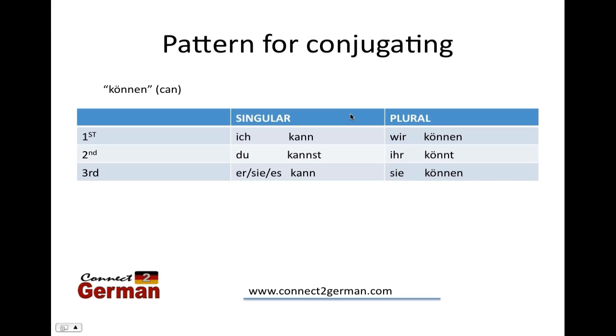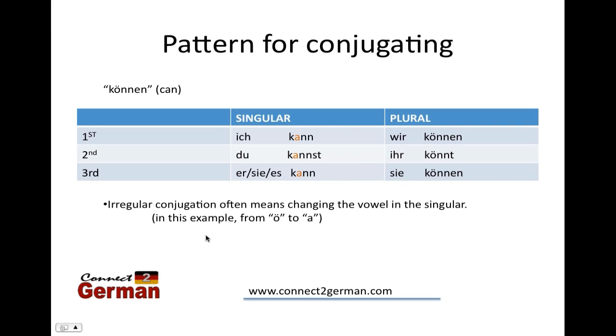And it's not only that it's different in the endings, but we see one fundamental thing that's different. For the infinitive können, all of the conjugations in the singular switch to an a. And it's real typical with these modal verbs that the vowel is going to change. And again, it's only changing in the singular.